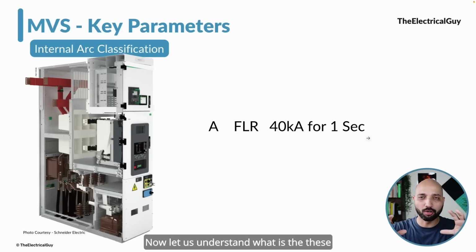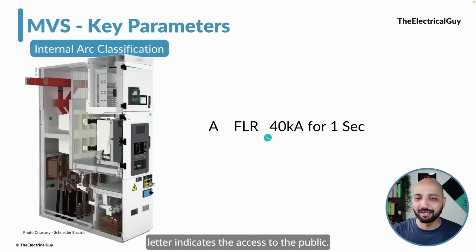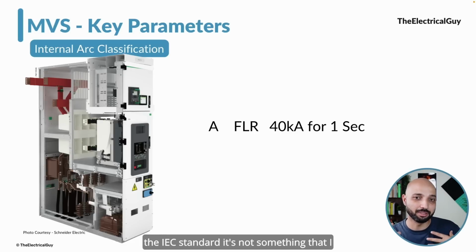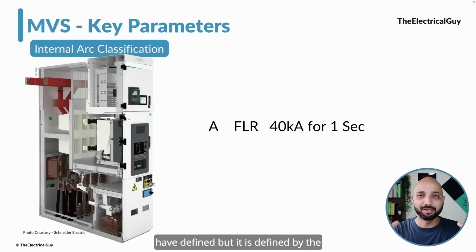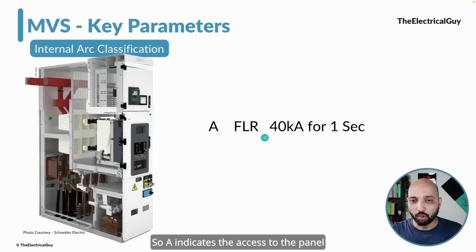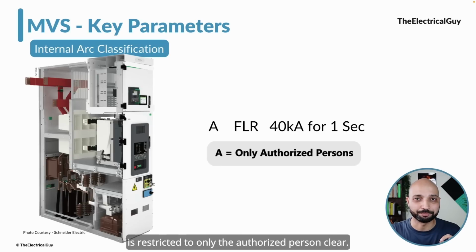Now let us understand what these different letters indicate. The first letter that you see, A, indicates the access to the public. By the way, these are defined by the IEC standard. It's not something that I have defined, but it is defined by the IEC standard and it is followed throughout the industry. So A indicates the access to the panel is restricted to only the authorized person.